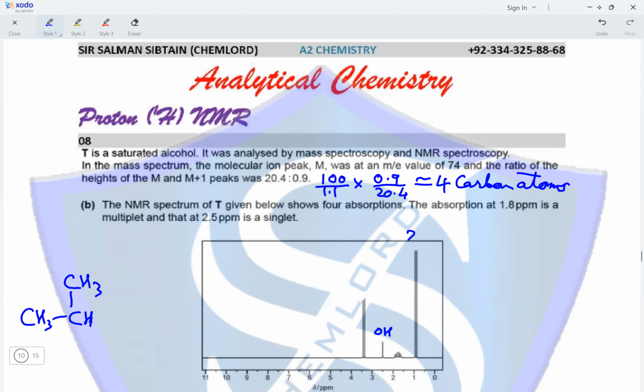So the first peak would be for two CH3 groups, and the multiplet would correspond to the CH group because it is present next to two CH3 groups, and a CH2 group because we've got another doublet in our NMR spectrum corresponding to another hydrogen environment, and we've got a singlet for the OH group present. So the second doublet in our NMR spectrum would be because of the CH2 group present next to the alcohol functional group. So in this way, we have identified the alcohol responsible for the given NMR spectrum.